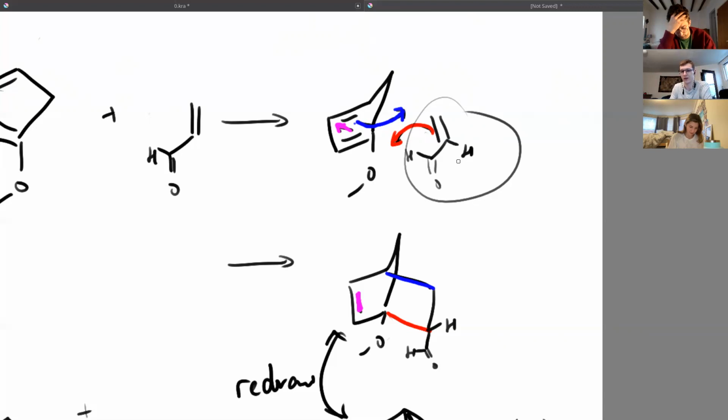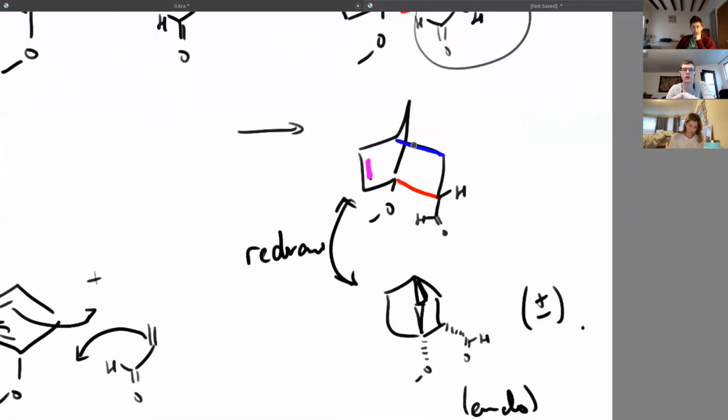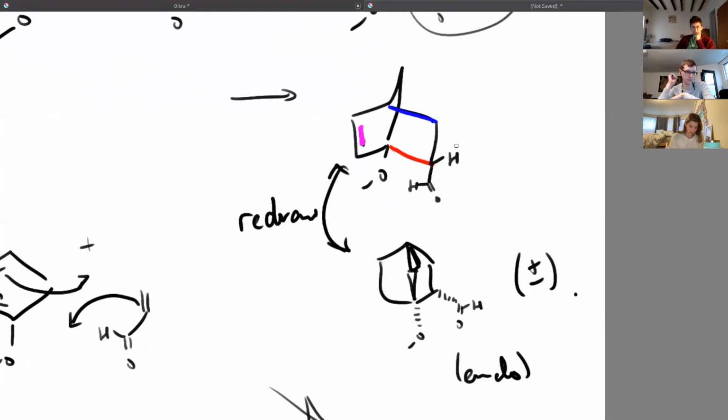That makes sense. In lecture, Dr. Tong was equating the endo to where the substituent, in this case the aldehyde, would be axial. So it's not in the same spatial orientation as the diene, versus an exo, where it would be equatorial, so they're both pointing up. Is that correct? In this case, that's true as well.